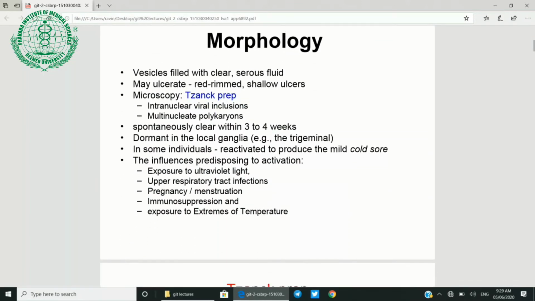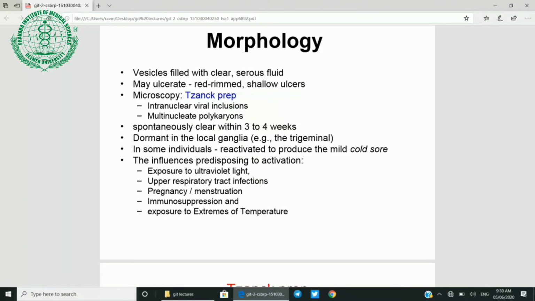When we look at the lesions of the herpes, we get vesicles which are filled with clear serous fluid. These vesicles may ulcerate, and once they ulcerate, they form red rimmed shallow ulcers, very typical of a herpetic ulcer.